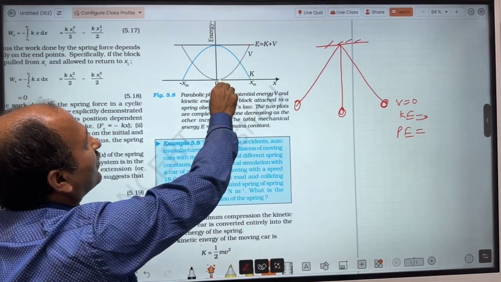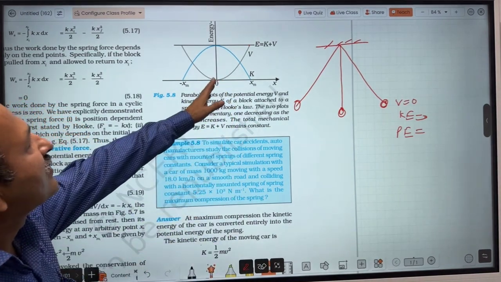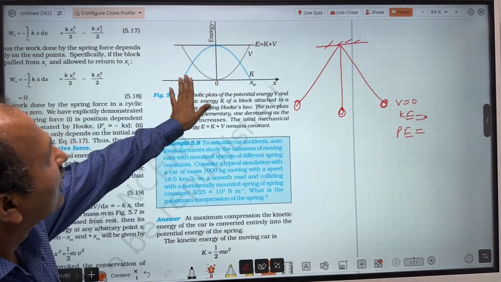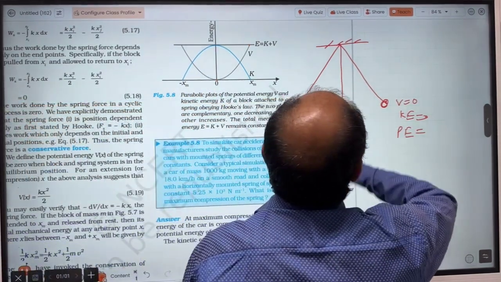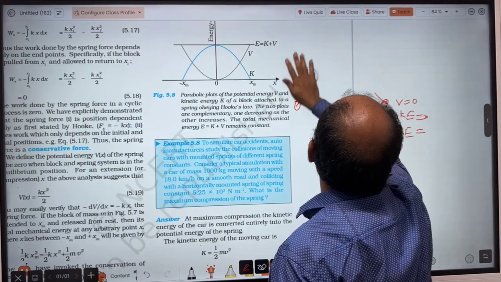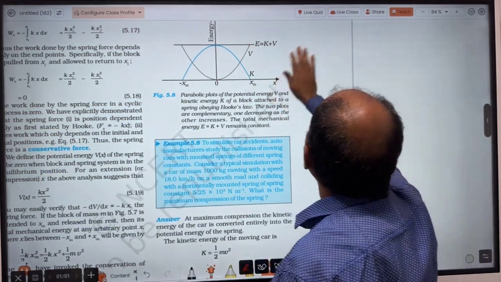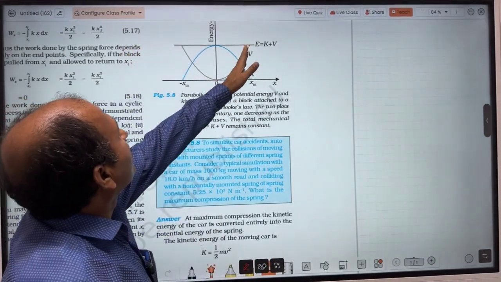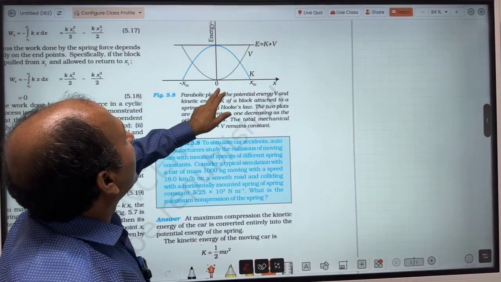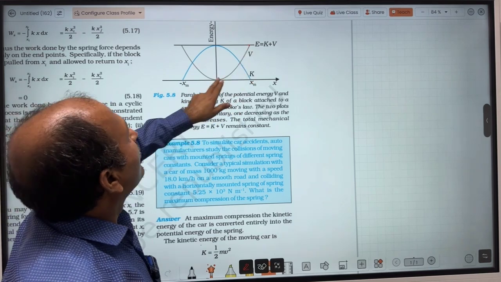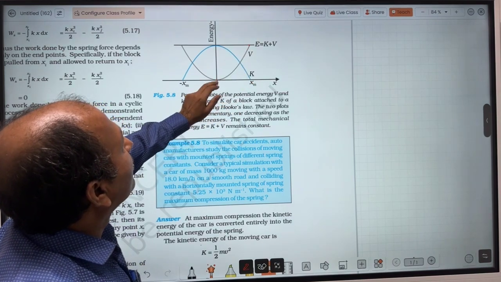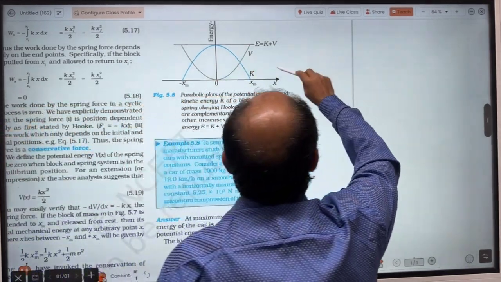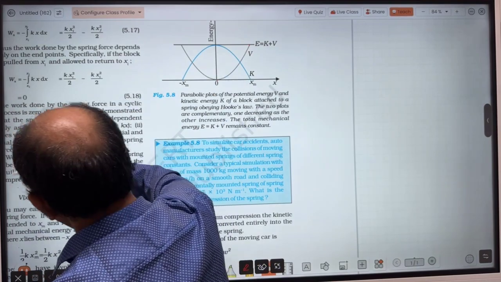I think I confused you, so it is better to tell it the other way around. Here this is the potential energy curve: at the mean position potential energy becomes 0, right? At the extreme positions, since the spring is stretched, it will have maximum potential energy.